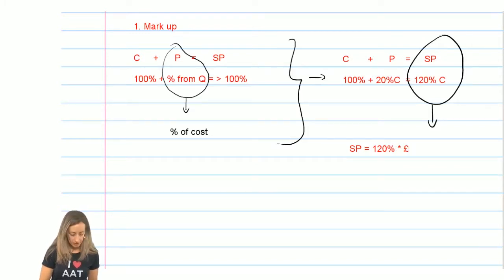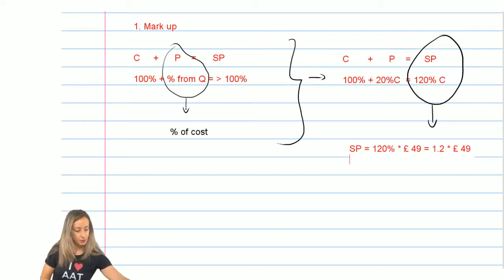Now let's have a look. Did anybody already calculate this answer? How much is the selling price? Remember, you just have to multiply 49 by 1.2, don't you? 1.2 times 49. How much is this? Well, I think it comes up to, yes, it comes up to 58.8, doesn't it?